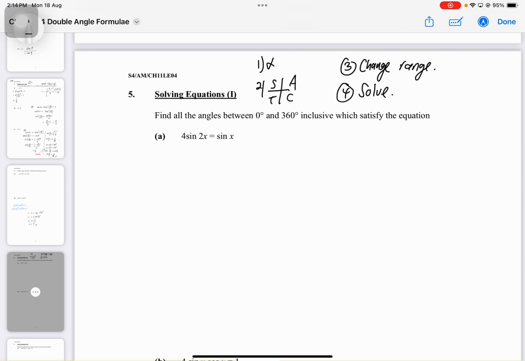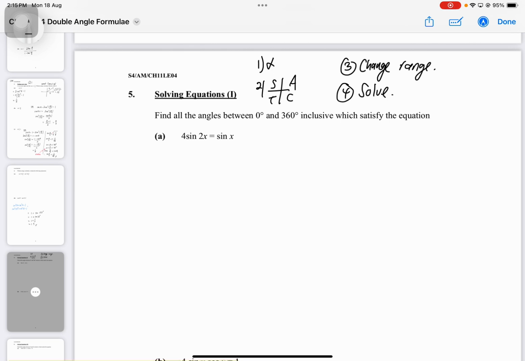Okay, I want you to look at your formula sheet, look at this. Let's try to solve. 4 sine 2x equals to sine x. Which of these should I simplify first? The left side or right side? Quite obvious, left side. Okay, sine 2x, any of the double angle formula I can use. I can use number 1.